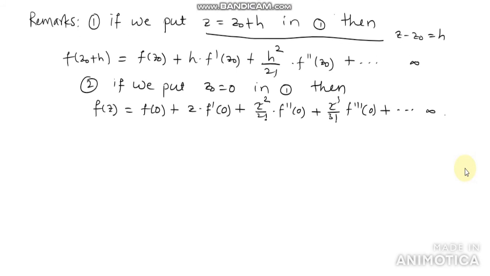So this equation, equation 2, is called Maclaurin's series.